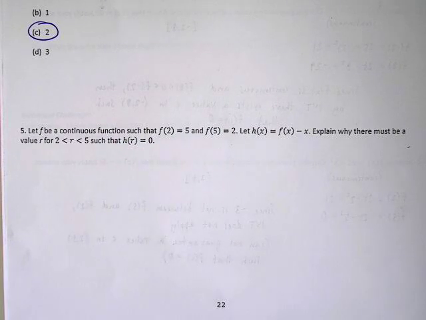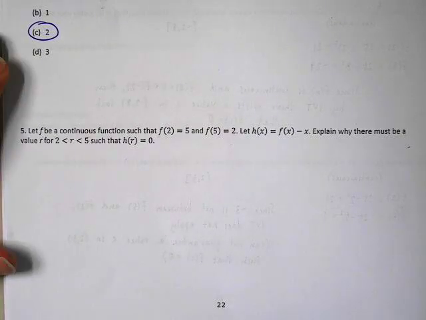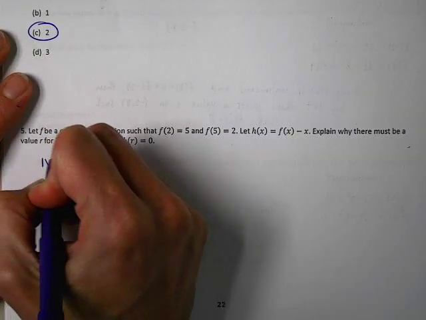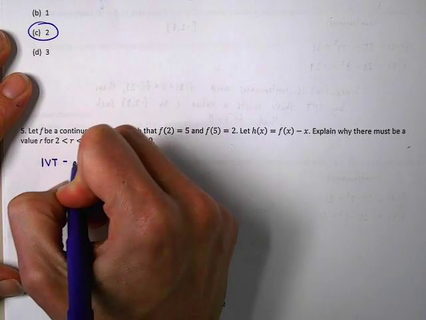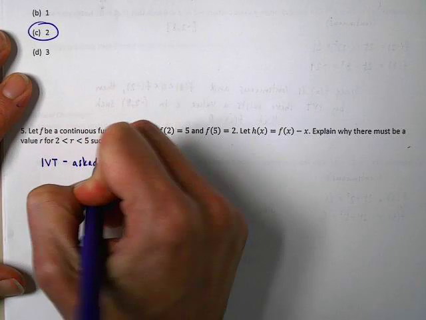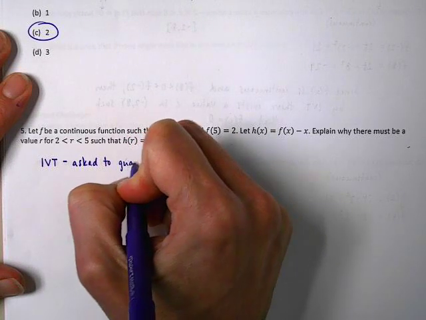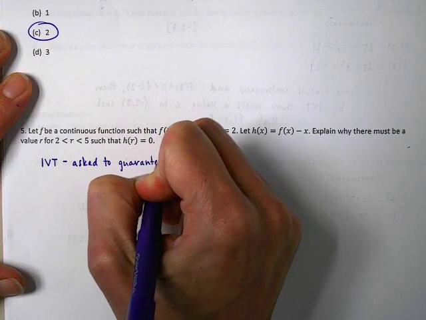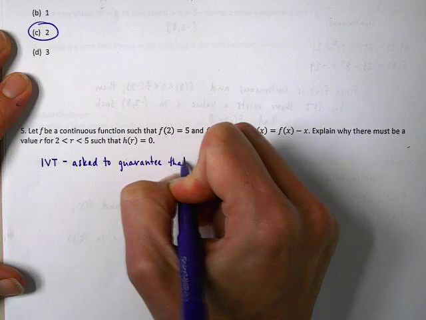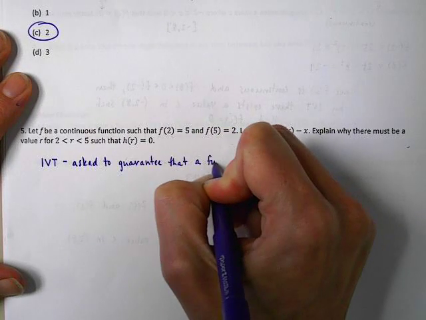Now, one of the things that we're going to have to learn, when they're asking us to guarantee that a function takes on a specific value, that's when we need to use IVT. So IVT comes into play when you are asked to guarantee that a function takes on a particular value.